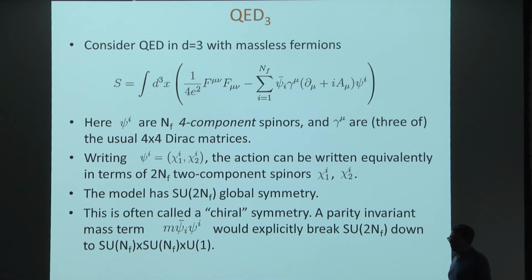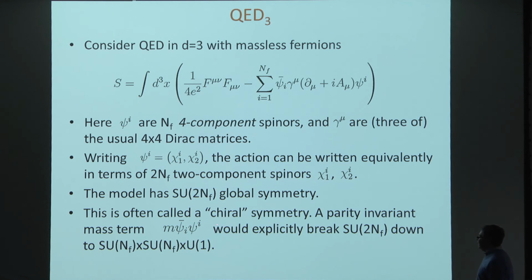So the parity anomaly is avoided here, and the model has SU(2N_F) global symmetry just in 3D, because somehow these spinors are on equal footing. So there is this enhancement from SU(N_F) to SU(2N_F) in 3 dimensions.